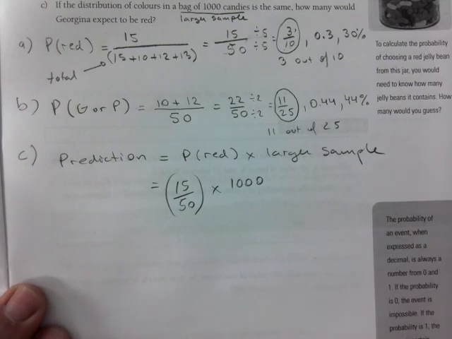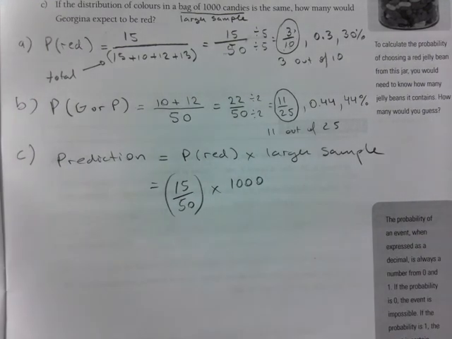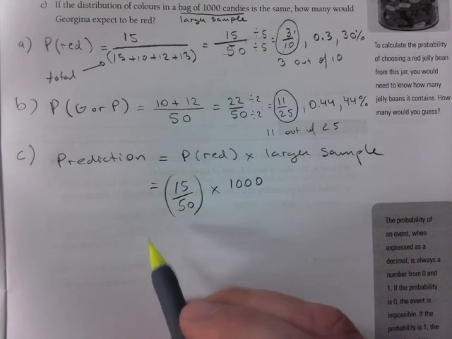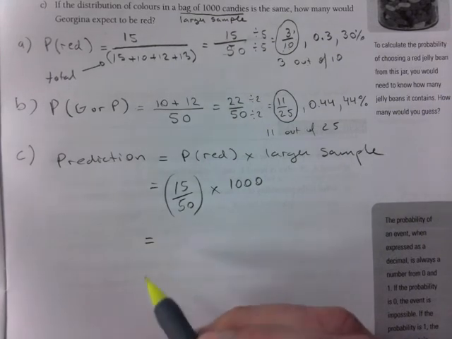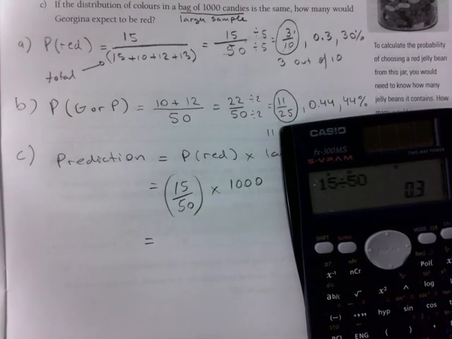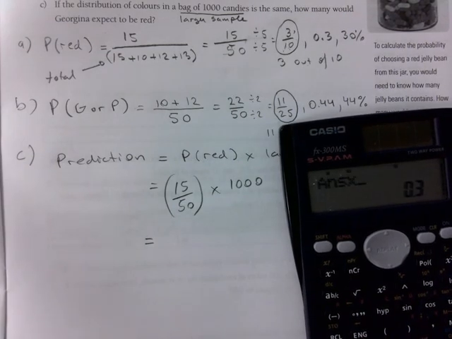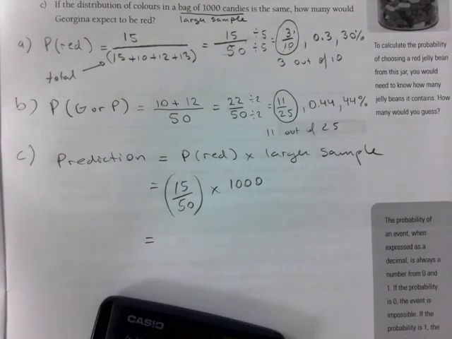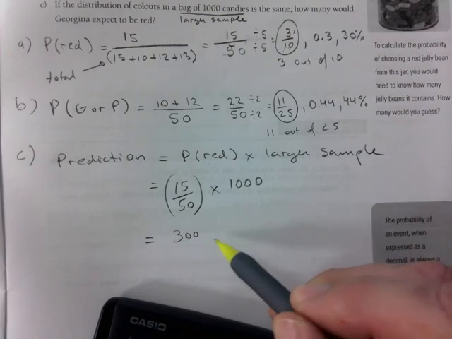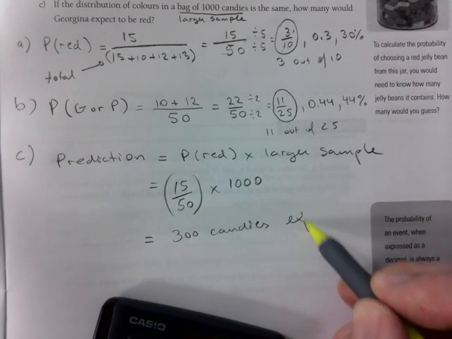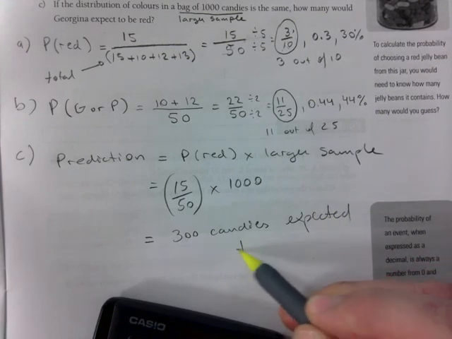I'm projecting it on a larger scale. When they do polls and figure out who's going to win the election, they kind of do the same thing. 15 divided by 50, times 1,000. So that's 300 candies are expected to be red.